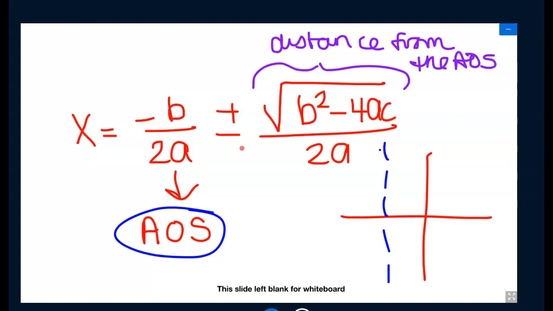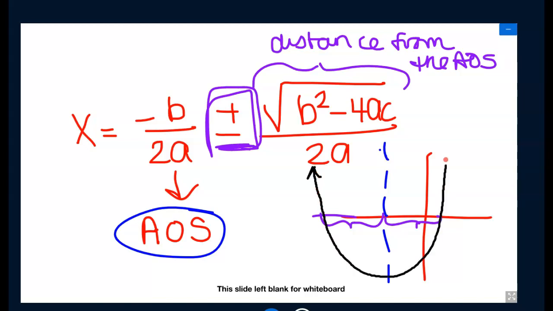And then the plus or the minus is the going in both directions. So you're adding or subtracting that piece to this side, adding or subtracting that piece to this side. And that is how you get the roots.